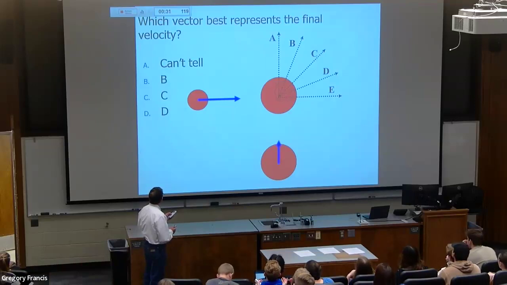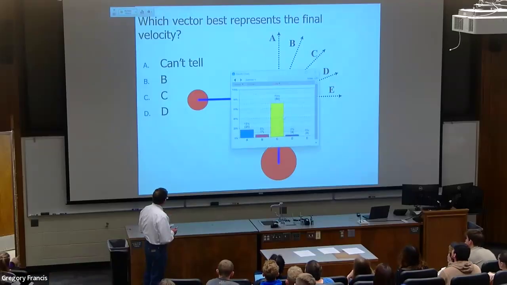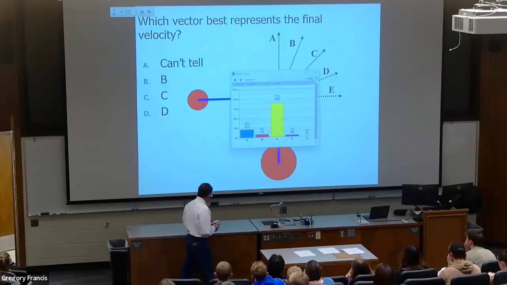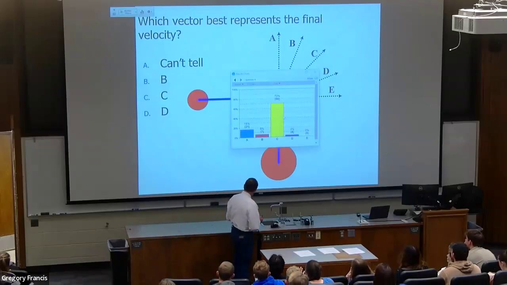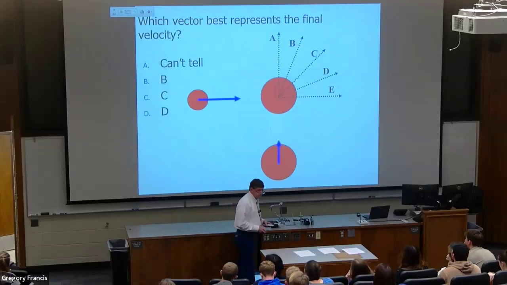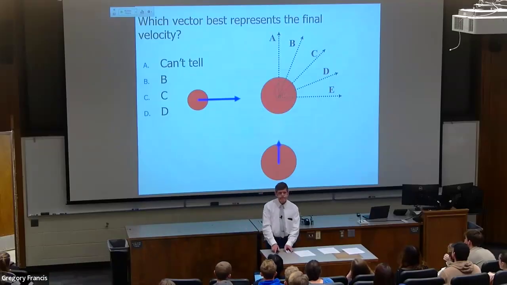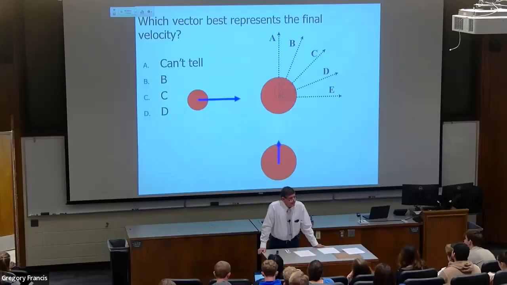Close enough. Okay, we say C, but that's not the answer. That's why we did this exercise. The answer is we can't tell.